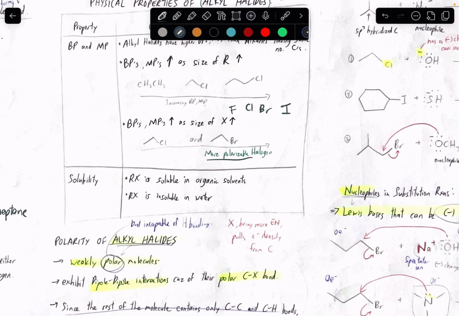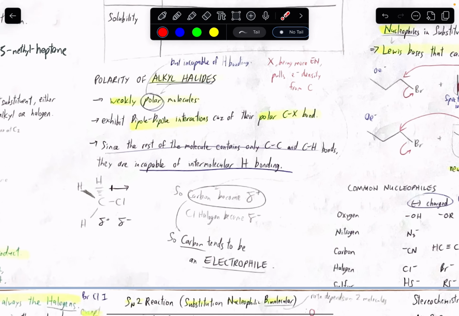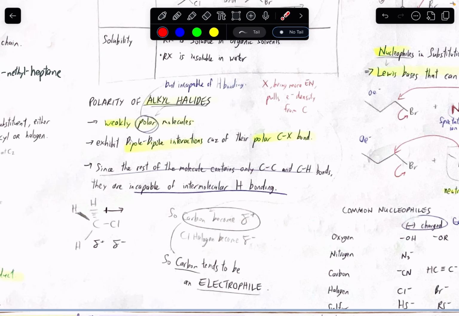Okay. So aside from being weakly polar, they exhibit dipole-dipole interactions because of their carbon-halogen bond. I know this kind of interaction is weaker compared to H bonding, but yeah. Halogens, being more electronegative, pull the electron density coming from the carbon. Since the rest of the molecule contains only carbon-carbon and carbon-hydrogen bonds, they are not capable of intermolecular hydrogen bonding.